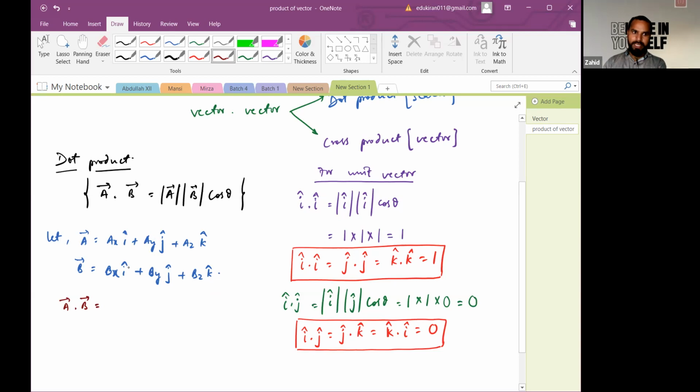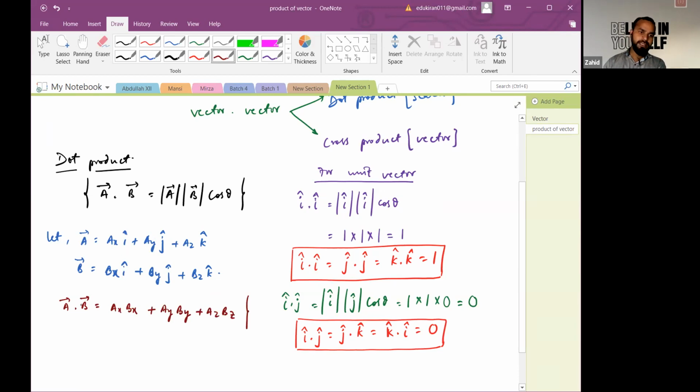But in that multiplication, I multiplied with I will give you 1, and the rest of the terms will give you 0. So on solving, you will get AX BX only, and the rest of the terms will be 0. Similarly, AY BY and AZ BZ.